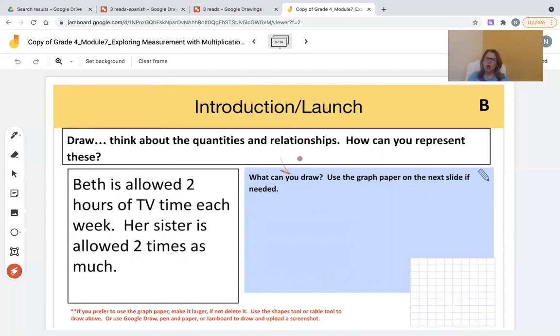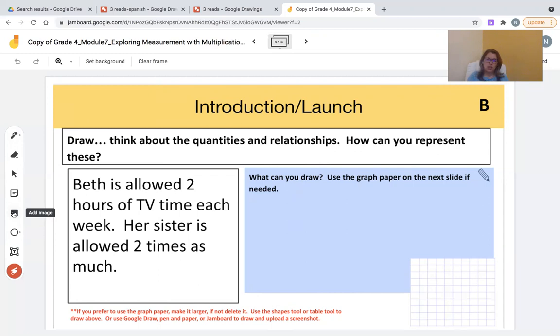What can you draw? You can use this graph paper or this blue section to show what you can draw. Use the pen tool or the marker, or even the shapes tool, or you may want to click and add an image from the internet. You may press pause and press play when you are ready to continue.